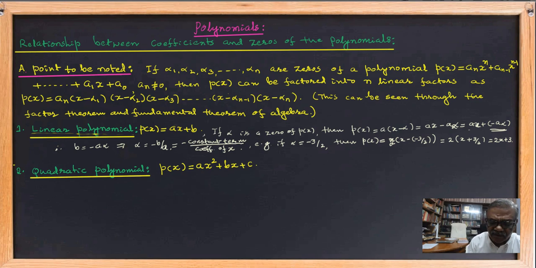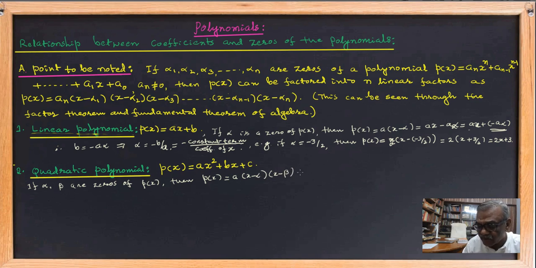As in the earlier case, if alpha and beta are zeros of p(x), then p(x) can be written as a into (x minus alpha) into (x minus beta).